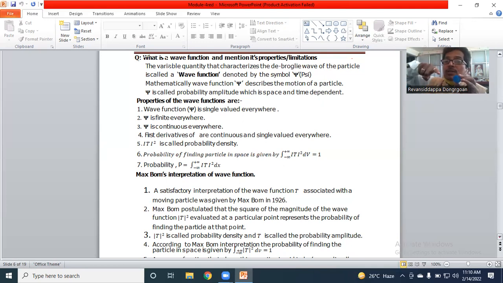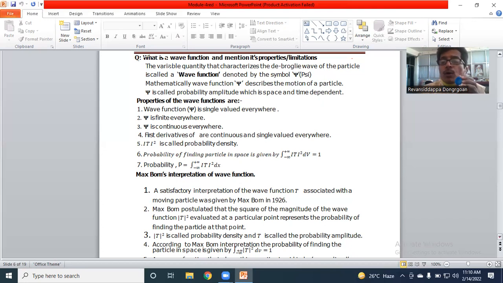Dou psi by dou y, first order derivative along the y-axis. Dou psi by dou z, first order derivative along the z-axis. It is continuous not only in x, y, z, its first order derivatives, in length or direction, are also continuous wherever it is defined in space. Remember, these are some important properties of this wave function.